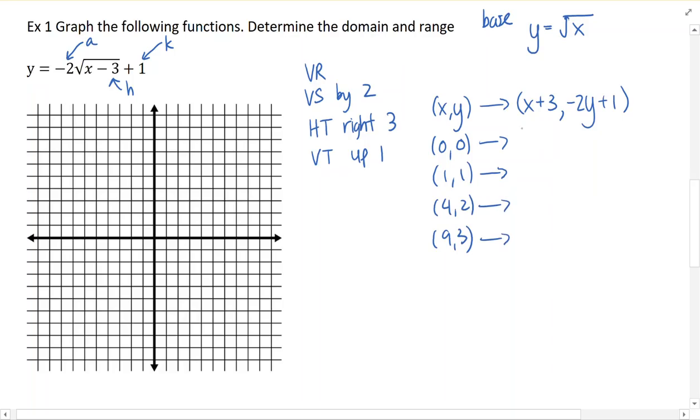Now it's just a matter of calculating it. So x will be 3, 4, 7, and 12. And the y values will be 1, negative 1, negative 3, and negative 5.